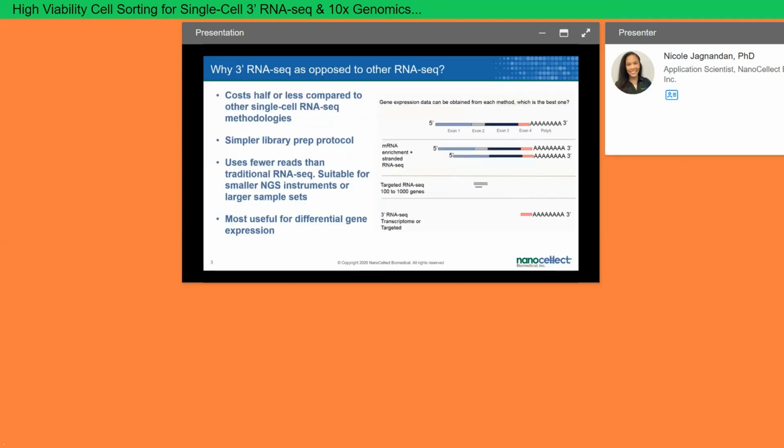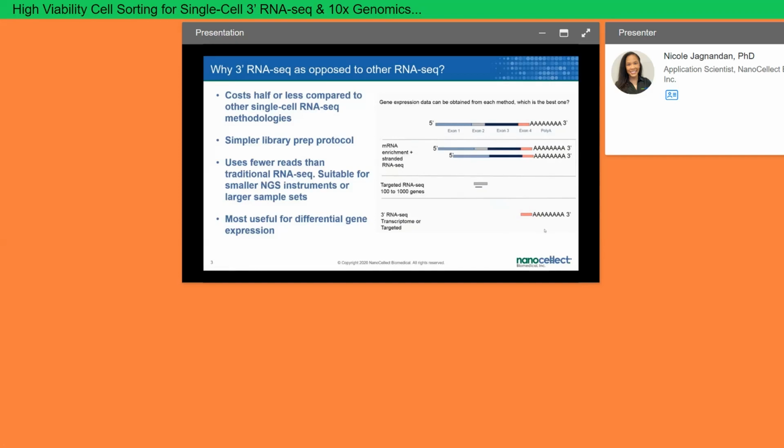So first of all, why would researchers want to use 3' RNA-seq as opposed to other RNA-seq methods? It's important to understand that traditional RNA-seq generates sequencing libraries from whole transcripts, like this top example shown here, as opposed to 3' RNA-seq, which only generates a single initial library molecule per transcript, which is complementary to 3' end sequences, shown in this bottom example.